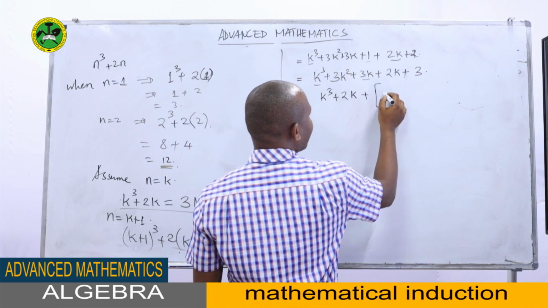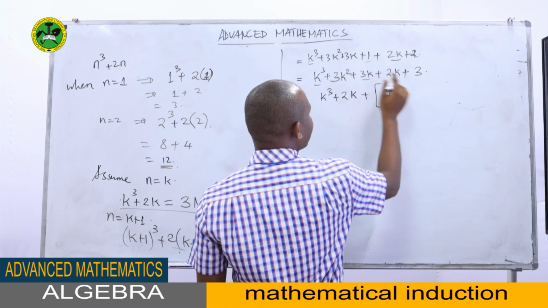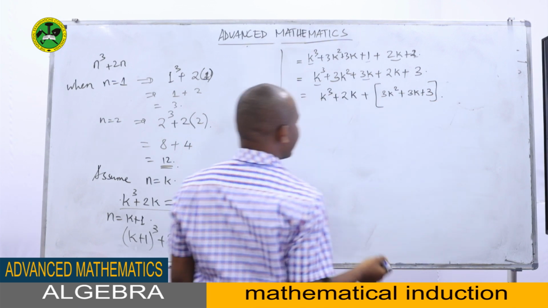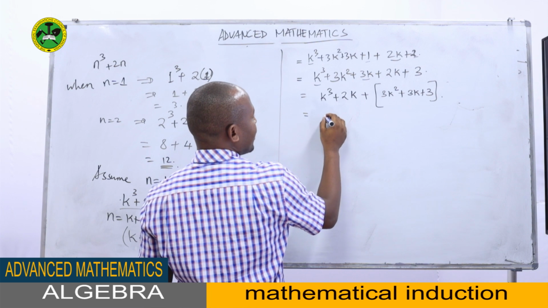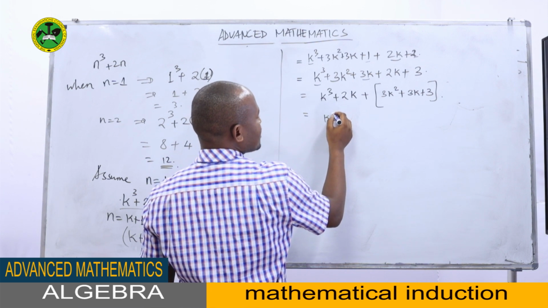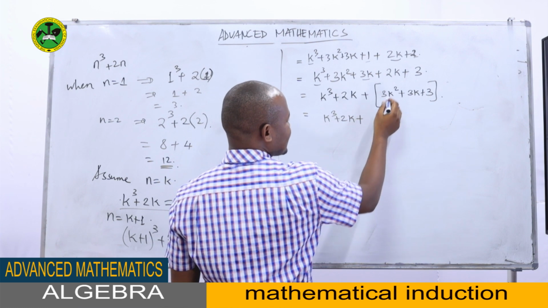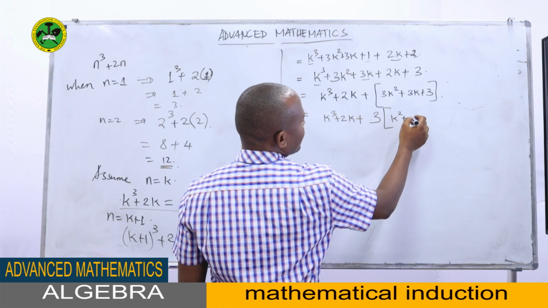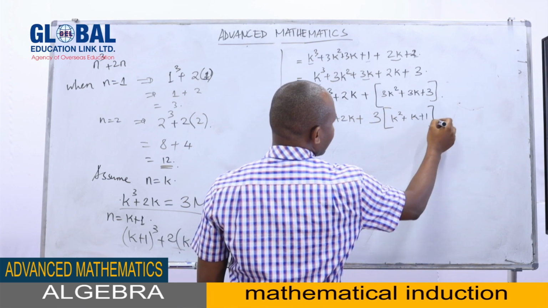We have 3k squared plus 3k plus 3. Then we have k raised to 3 plus 2k plus, can we factor out 3 there? Then we can have k squared plus k plus 1.